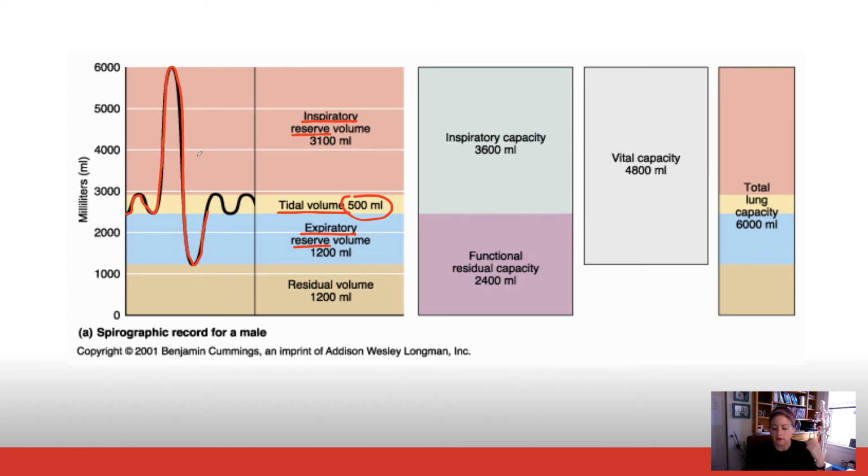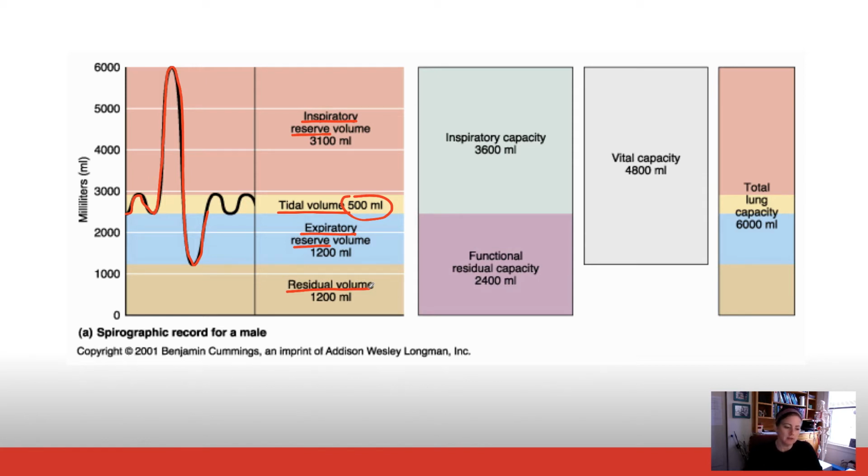Now it's kind of interesting to note that there's always air left in our lungs. We can't get all the air out, so there's always something that's left, and we call that our residual volume. That makes sense because it's residual, it's always there, you really can't get it out, and we don't really have access to it. It doesn't really contribute to gas exchange.